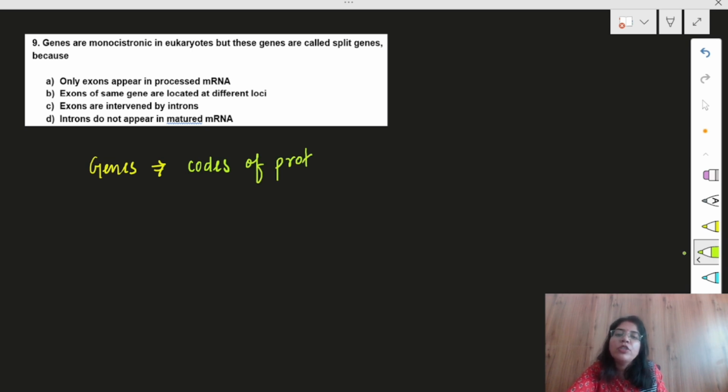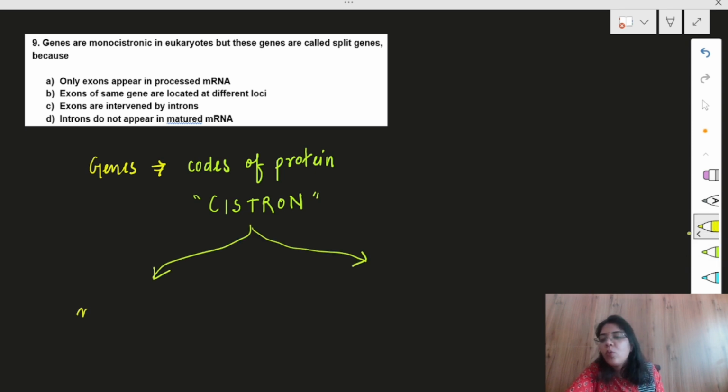Such genes which code for protein are called cistrons. Cistrons are of two types, if you remember your text. Genes can be monocistronic, and then there are genes which are polycistronic.